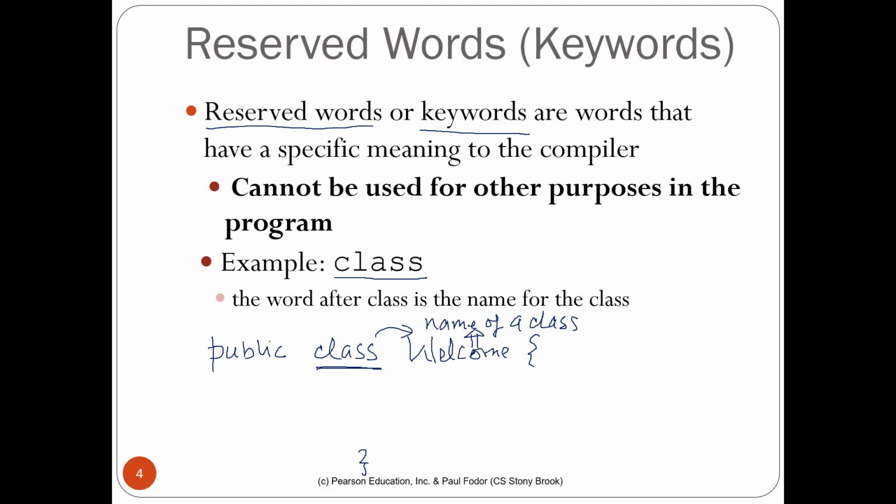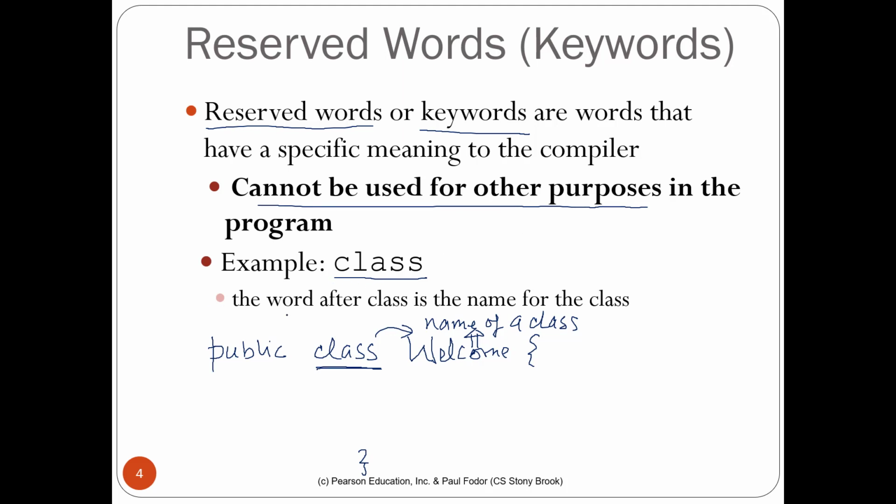So you cannot use class for any other purpose. If you're writing class in your Java program, then it will be followed by the name of a class. This is an example of a keyword. We should not use this keyword class for any other purpose. These keywords or reserved words cannot be used for any other purposes in the program.